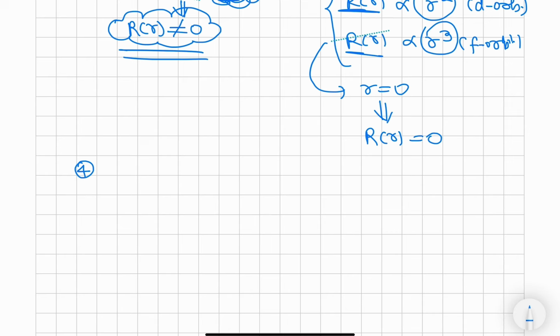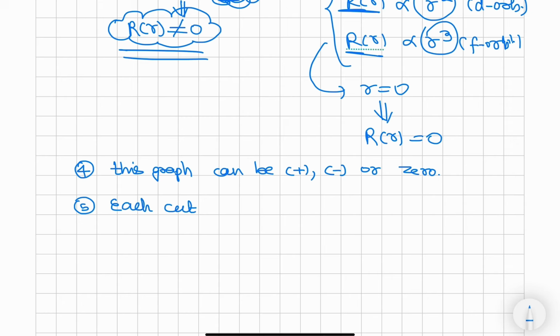Rule number 4: this graph can be positive, negative, or 0. Point number 5: each cut with the x-axis represents one radial node. Why?